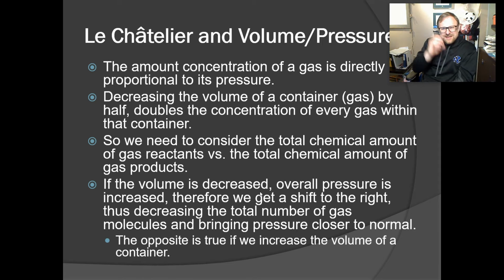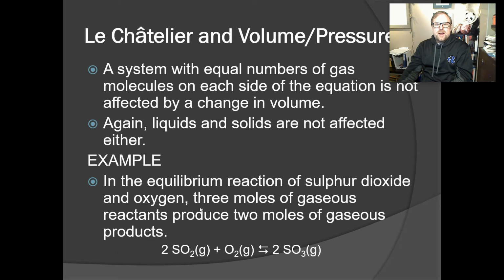Remember, we're not dealing with measurements per se in here, but we do have a balanced chemical reaction. And a balanced chemical reaction includes coefficients that are going to tell us relative amounts of reactants and products. So if the volume is decreased, overall pressure is increased. Therefore, we get a shift to the right depending on what our reaction system looks like.